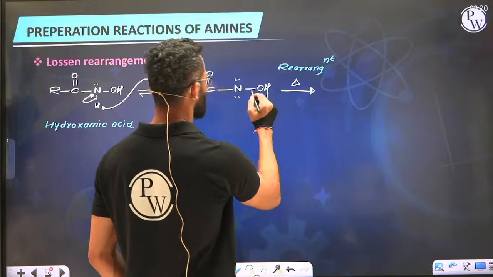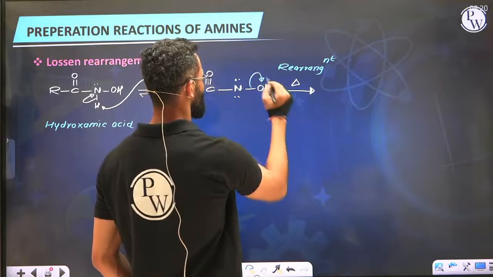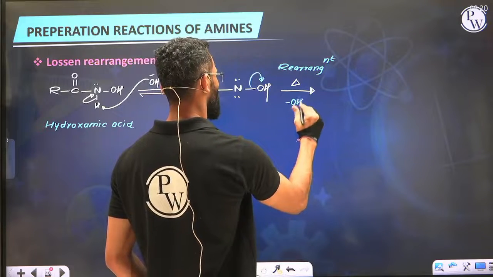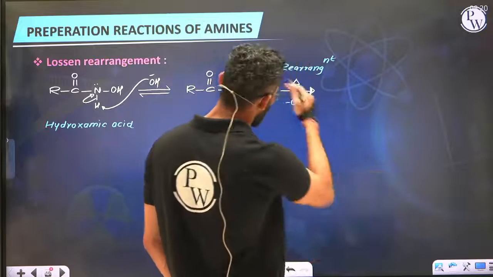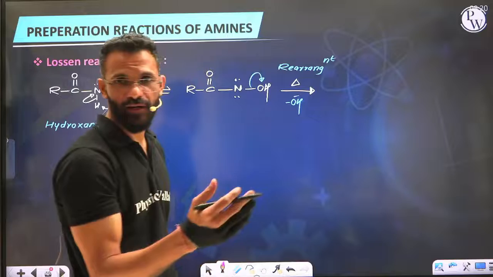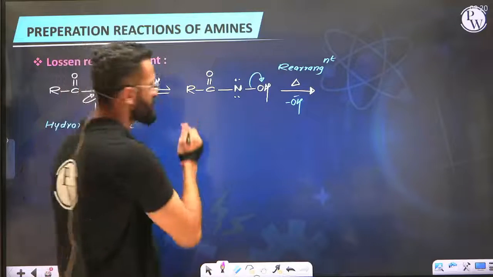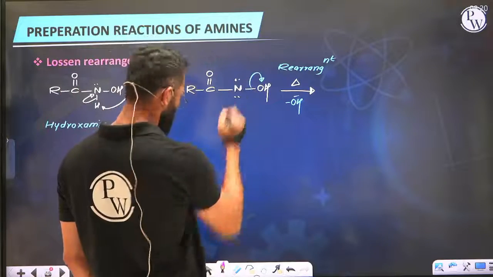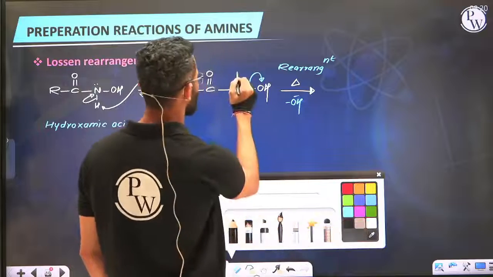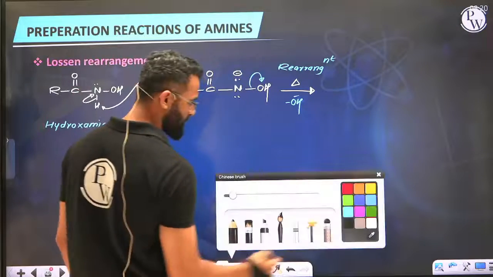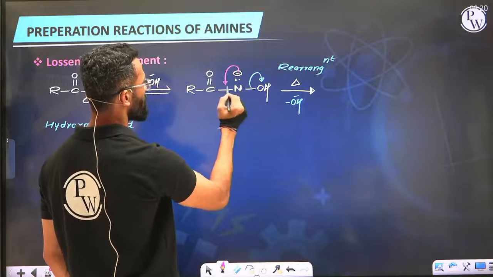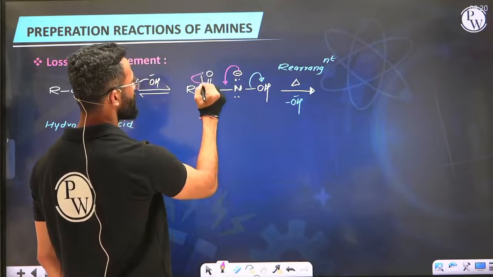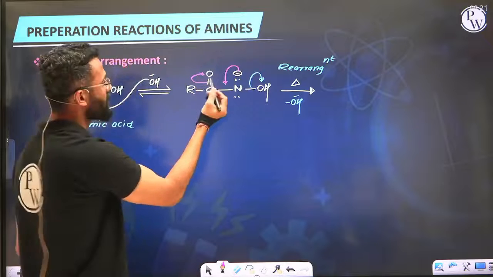In rearrangement, OH leaves, let's say, as OH minus. Although OH is not that good a leaving group, but upon heating it does leave, or you can simply convert that into a good leaving group. And this negatively charged, hold on everyone, there was a negative charge here. Simultaneously what happens, negative charge delocalizes to form pi bond, making carbon pentavalent. Pi bond breaks over O, making it O minus.